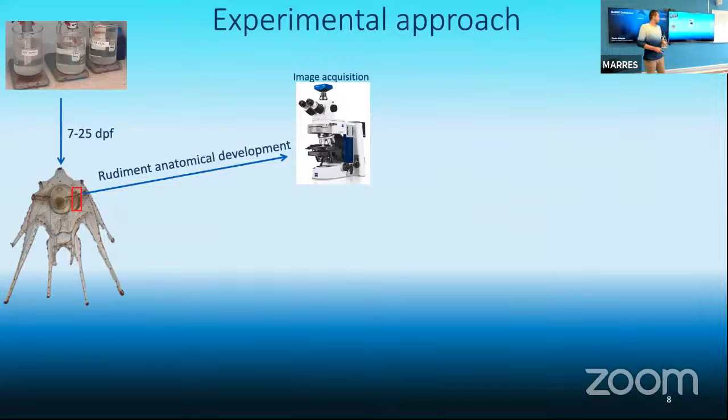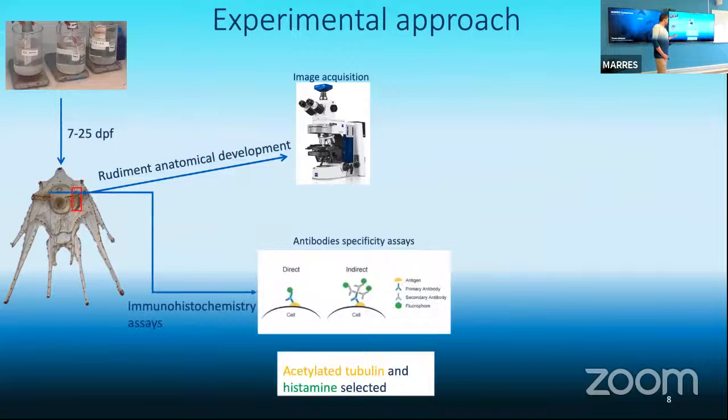The first experiment we performed was the anatomical characterization of rudiment development thanks to image acquisition. After, we did immunohistochemistry assays in order to select several molecular markers of the nervous system. In our case, we selected only the ones that were staining the nervous system specifically within the rudiment.